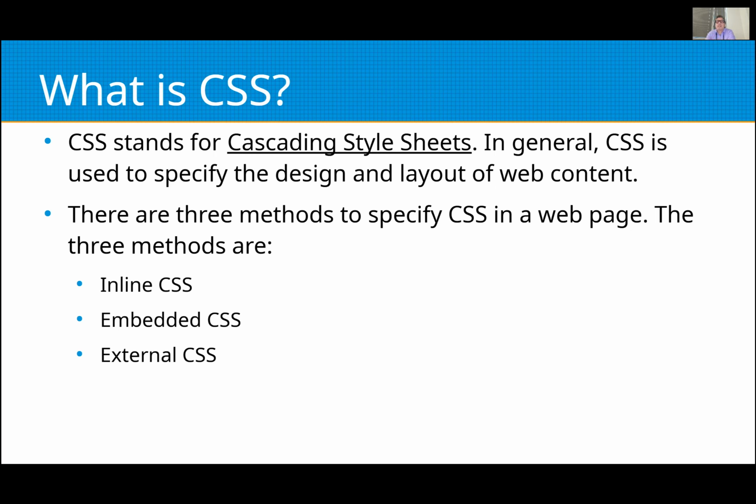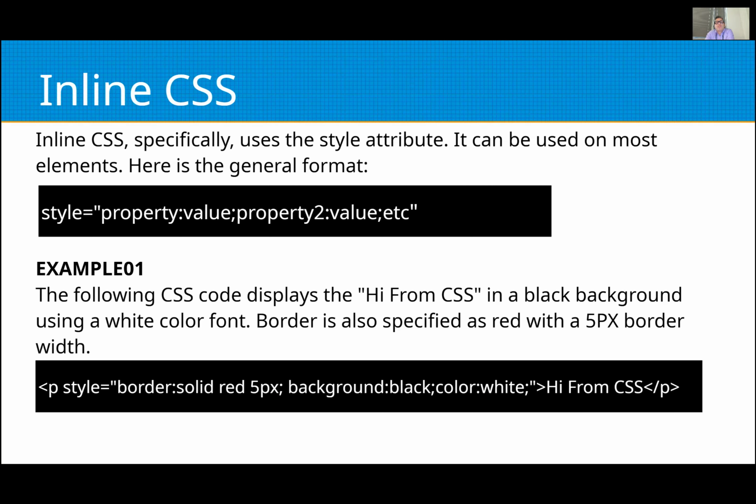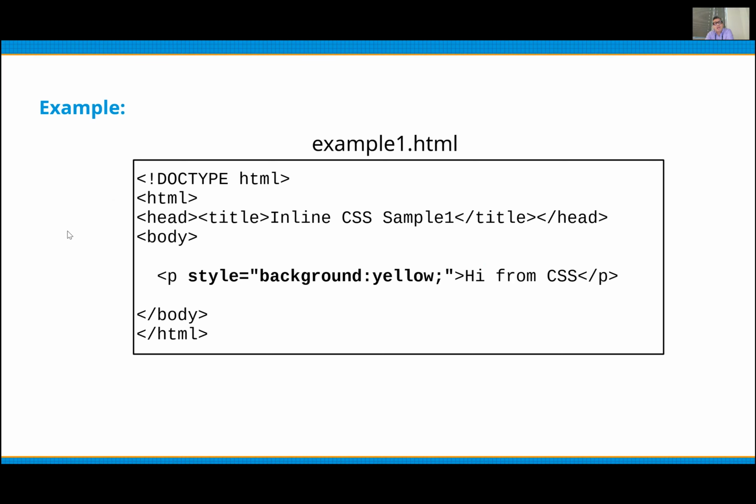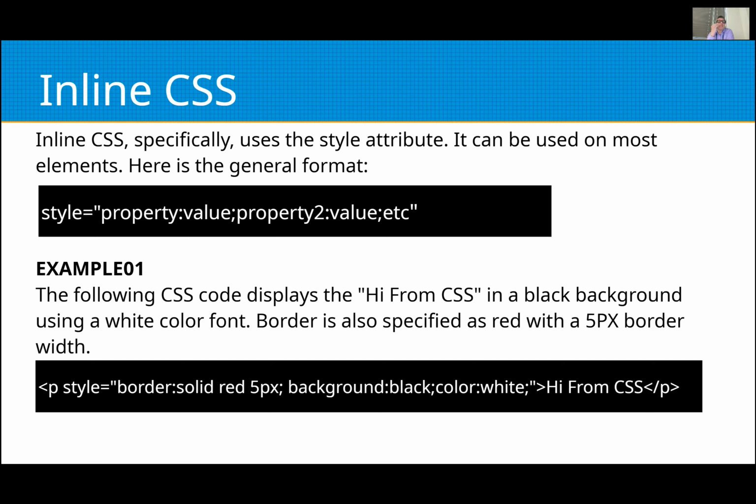The inline method is the one we've been doing in class, as well as the embedded, when we do tables. Basically, with inline CSS, you declare the properties inside the element tag, and this would be the style attribute. Whenever you use the style attribute, you are writing inline CSS.